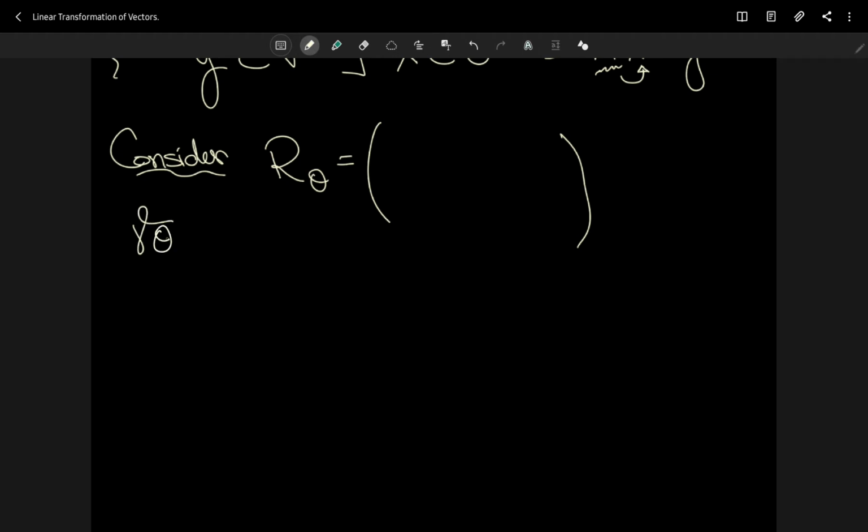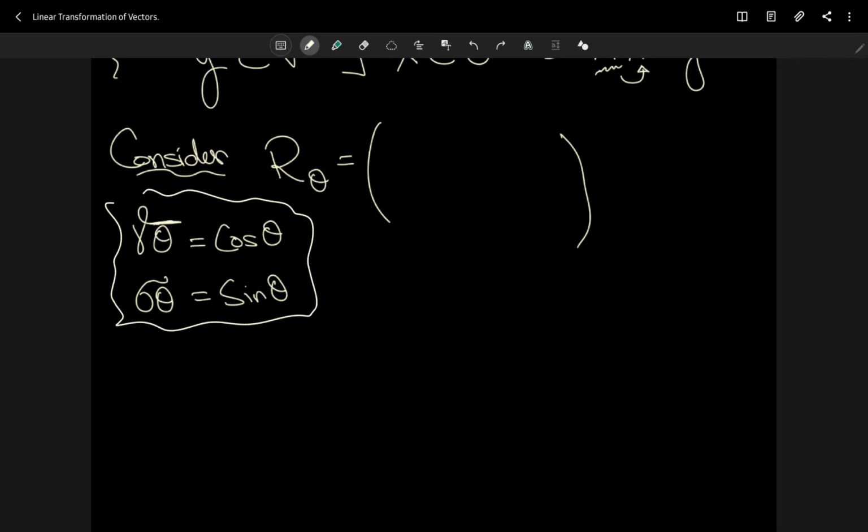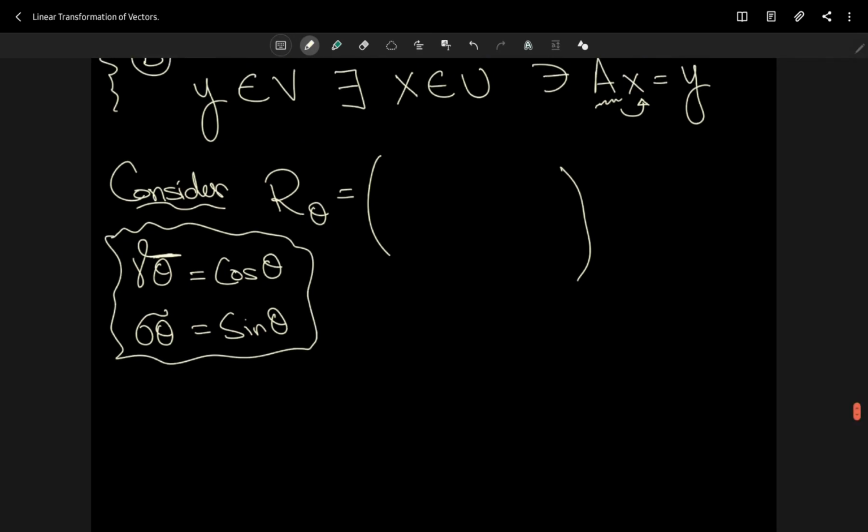I use this symbol for cosine theta, and this other symbol for sine theta, right? It is just because I'm lazy, so I don't have to write all of these C, O, S and theta and all that. Okay, so I'm going to put this over here. I'm not going to get rid of it, so you can come back and look at this.